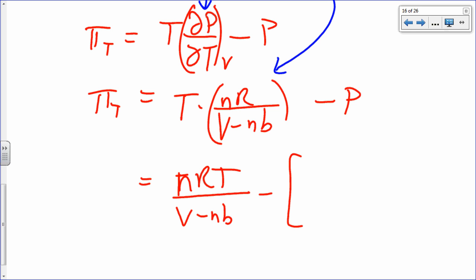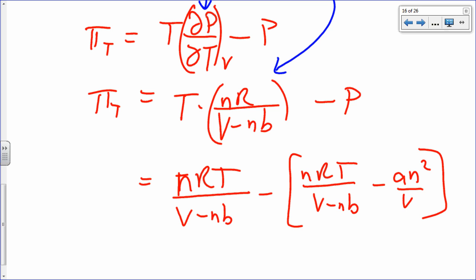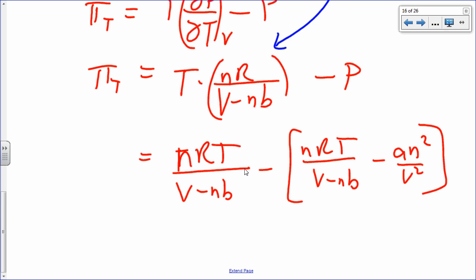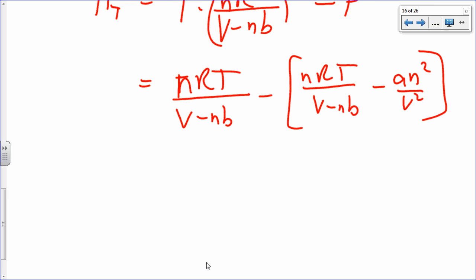What's our pressure for a van der Waals gas? nRT over V minus nb, minus a n squared over V squared. So that simplifies it. This cancels out, and that just gives us positive a n squared over V squared.